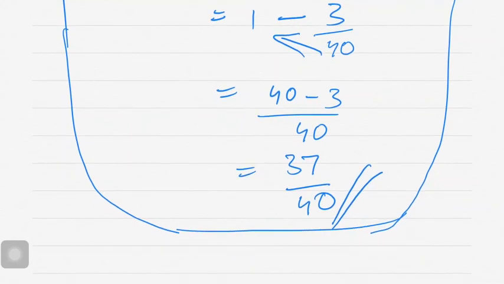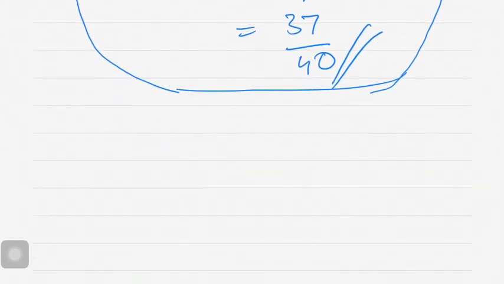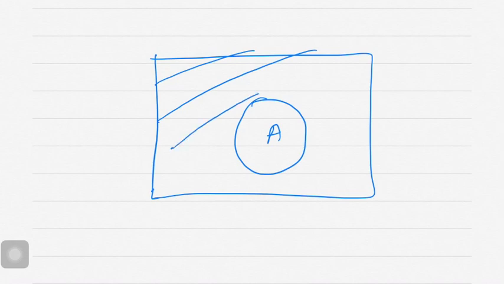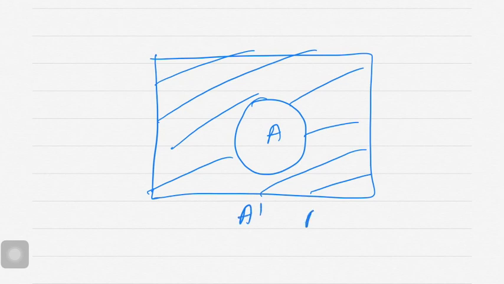Got it? So this is called complement of A. So I am repeating again, in a sample space, if A is an event, then the remaining portion is complement of A, which is denoted like this, A dash, or it is also denoted like this, A bar.